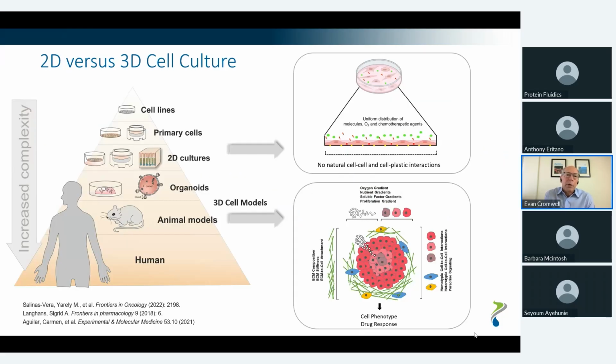So I mentioned, 2D cultures have been used for decades. In fact, HeLa cells came out in the 1950s, and those are thought to revolutionize. But people quickly found the limits of 2D cell cultures. Plastic is not natural. 2D dimensions is not natural.